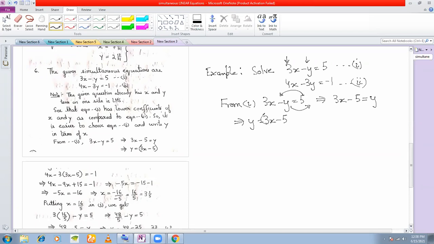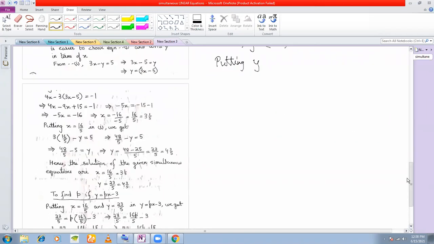So I've got y in terms of x, right? This value of y I will put in the second equation because I chose the first equation in the beginning. Now I'll put this value of y in the second equation. I think there's a second part to this question also.